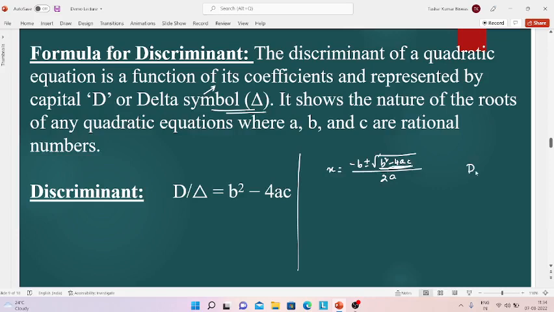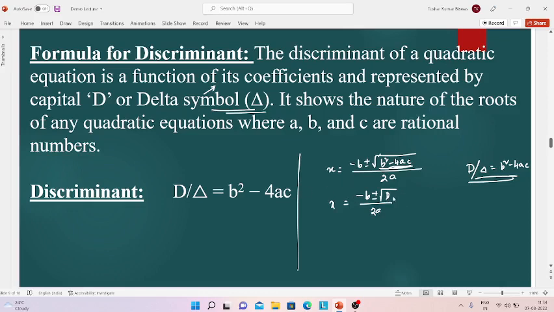The discriminant can be written as D or capital delta, which equals b square minus 4ac. So instead of b square minus 4ac, we can write capital D. So it will be minus b plus minus root under D by 2a, right? So this D is called the discriminant.